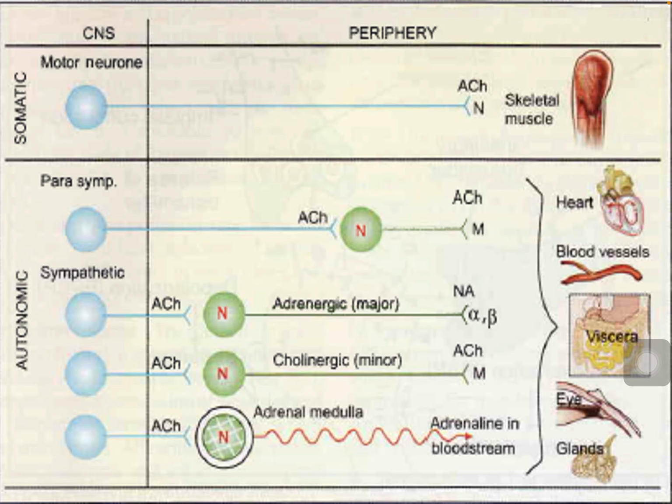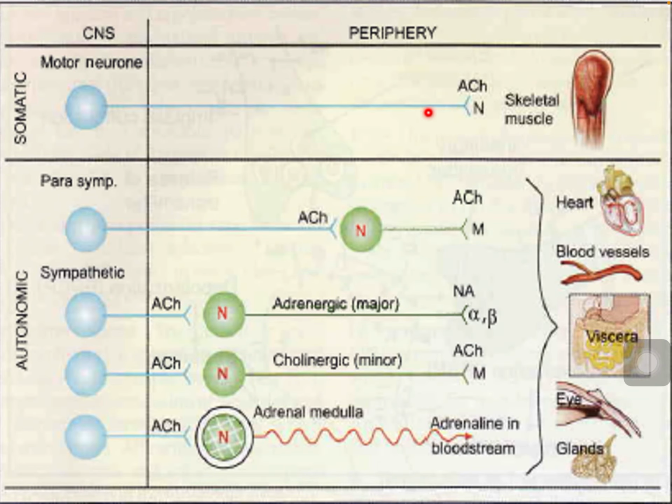For both the somatic as well as the autonomic nervous system, there has to be a neurotransmitter. What is neurotransmitter, what is neurotransmission, we will see in the next few slides. At this point, just remember that in the somatic or voluntary nervous system, the neurotransmitter is acetylcholine.